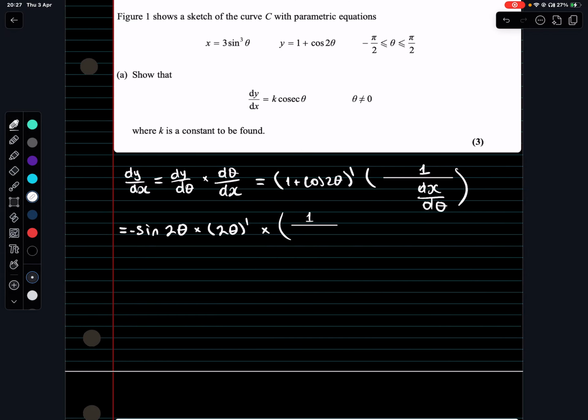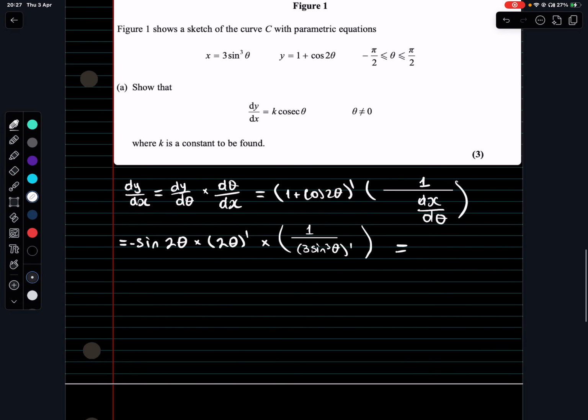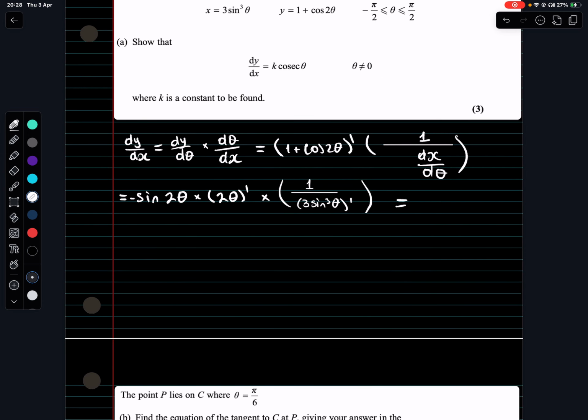So I need to find the derivative of 3 sine cubed theta. Be very careful with these functions, that's a composite function also, which you can solve with the chain rule. Do not forget to include everything in your derivative. So the derivative of 2 theta gives us negative 2 times negative sine 2 theta.